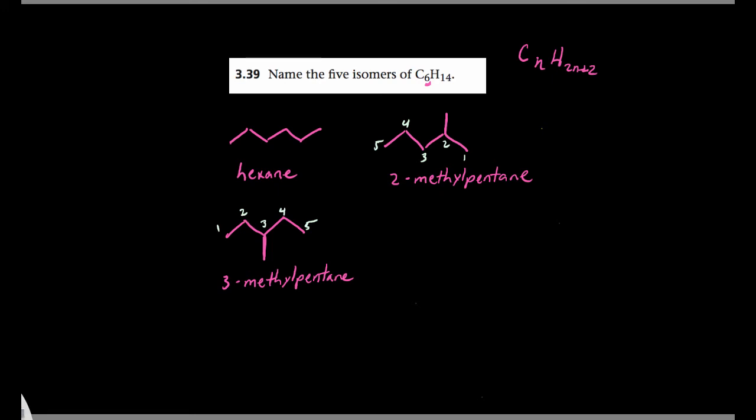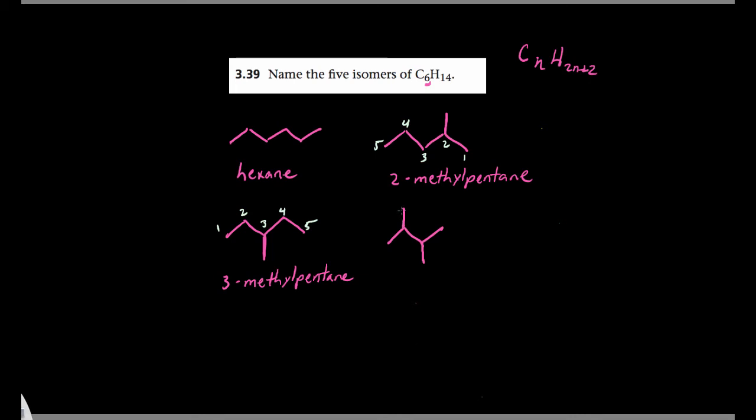Let's see what happens if we put a butane chain first, and then we need 2 more carbons. So we could put a carbon here. Let's put a methyl there, and let's put a methyl here.